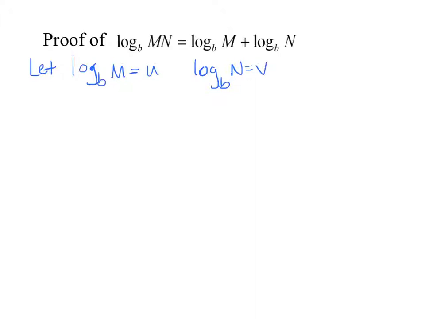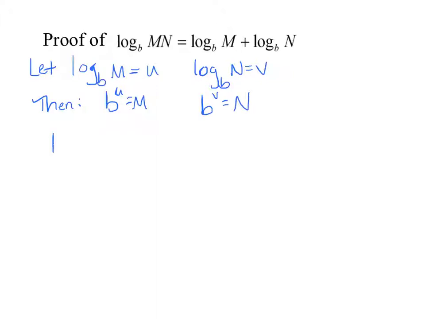So I haven't really done anything yet. I'm just giving those things a value, just like in class when we used to say that this equaled x, that I could put it in exponential. That means if I rewrote these in exponential form, I would have b to the u equals m, and b to the v equals n.